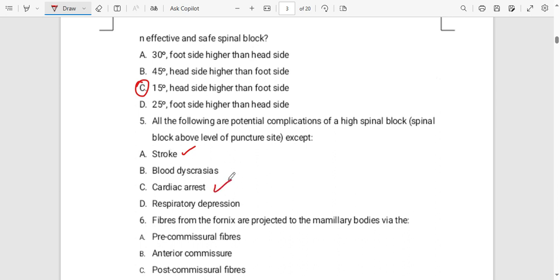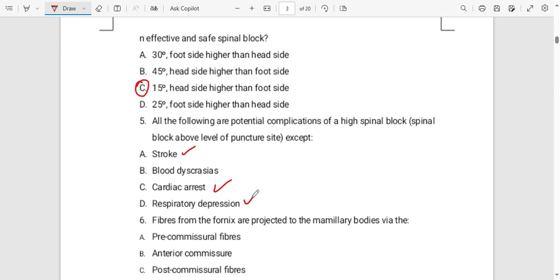For cardiac arrest, you know that the heart also has innervation. The innervation of the heart is also coming from the nerves on top of L4, L5. So if you lack innervation, the heart will stop pumping properly. It will actually stop working, though it has its own intrinsic activity, but it has some extrinsic nerves like the vagal inputs.